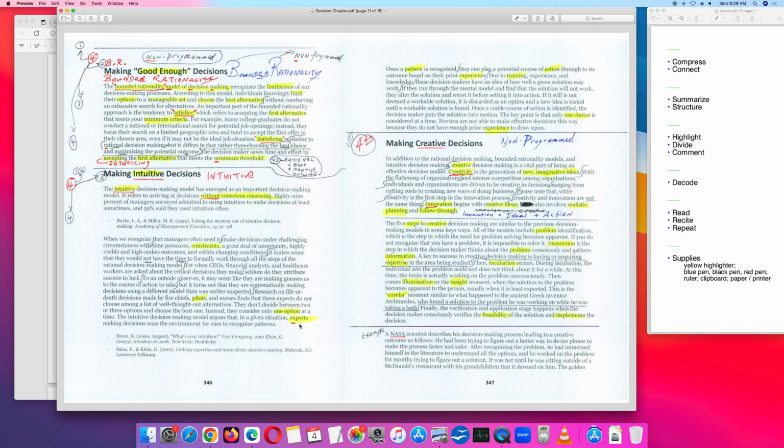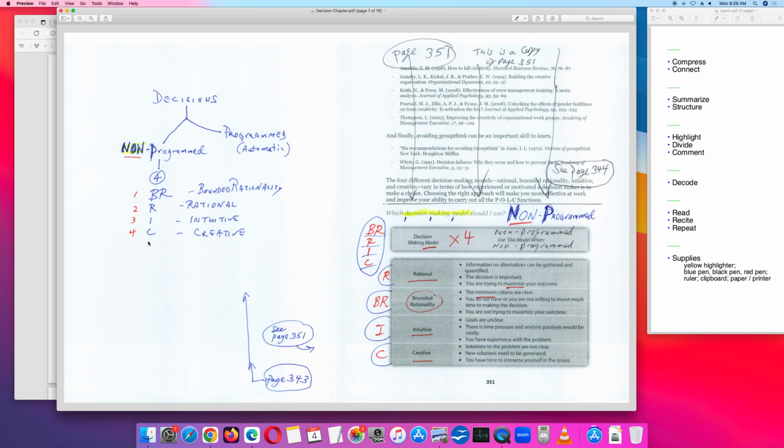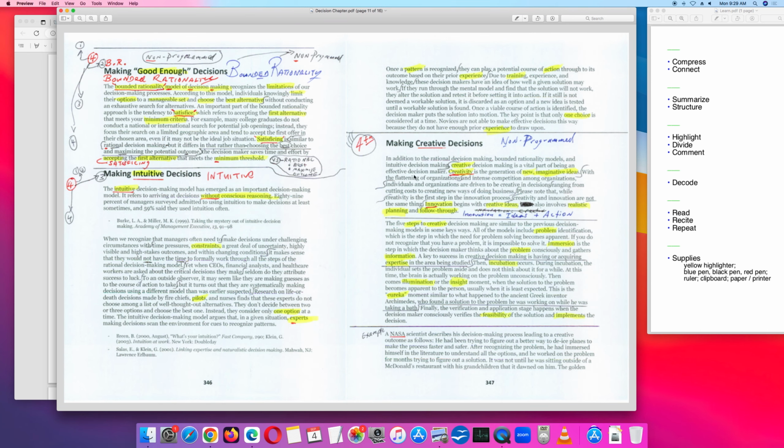Okay. Next, moving on. We're going to number 4, going back to the diagram here. Decisions, non-programmed, bounded rationality, rational, intuitive, creative. So page 347, right side, making creative decisions. So this is creative, non-programmed decisions.